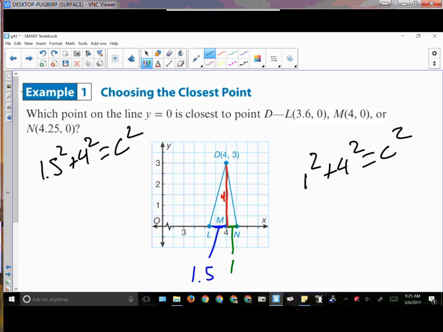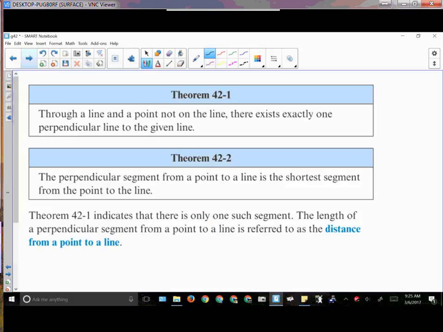The right side, because you only got 1 squared plus 4 squared versus 1.5 squared plus 4 squared. So N has to be closer, but we want to look at it for the distance on the side, not the angle. Okay. So I'm going to give you a few moments here, and I want you to write down these into your little book.